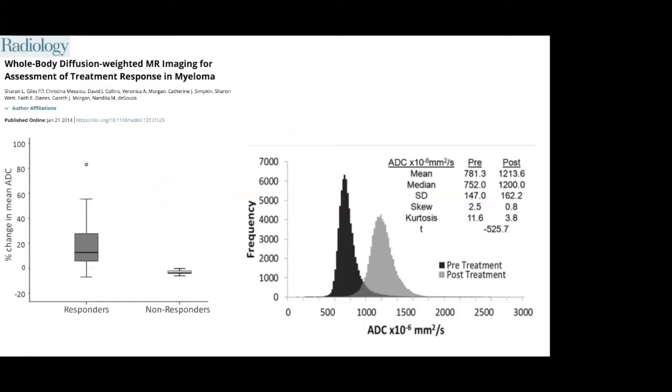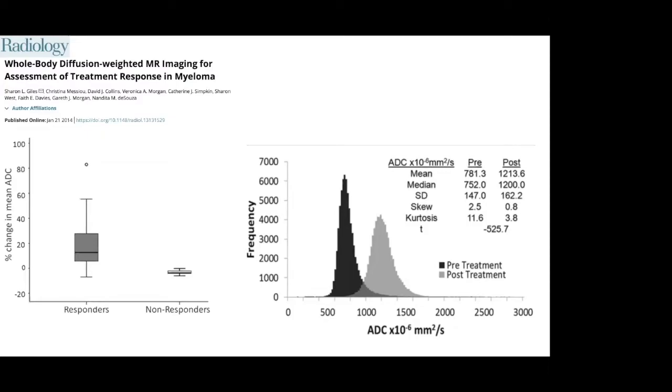However, there are encouraging studies with MRI as well, and that is mainly by using whole body diffusion-weighted imaging, where they calculate the ADC. And this is quite a good study, and I like the study because its methodology is quite well executed.